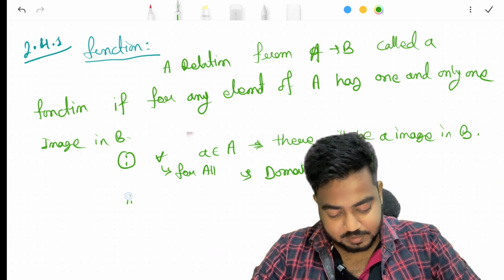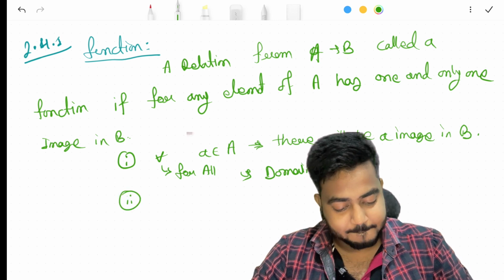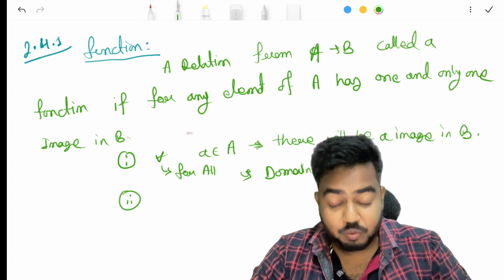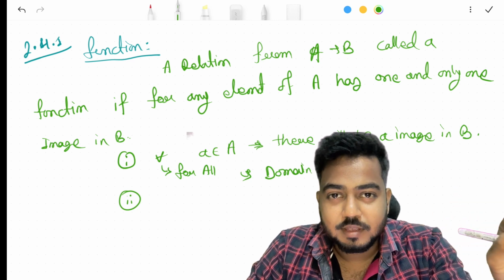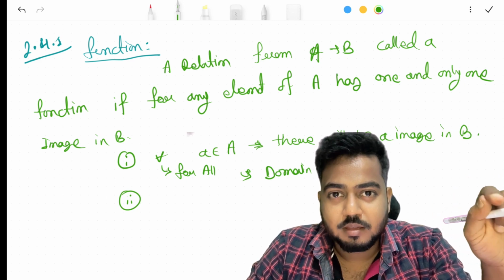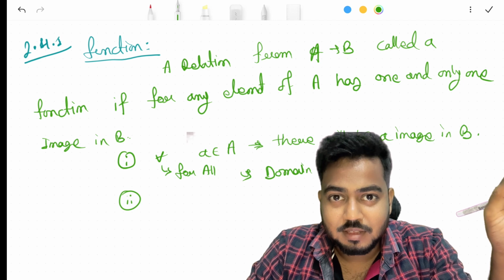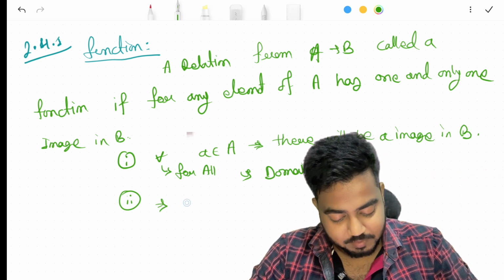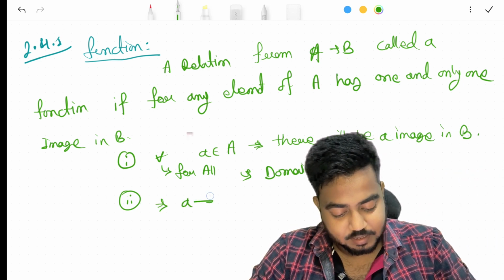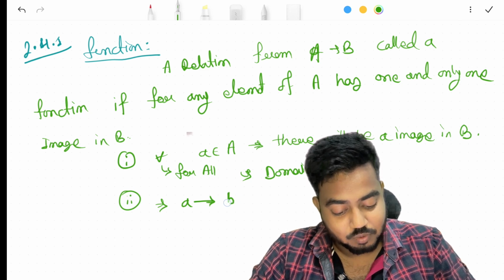Now the second condition says that for each element of A, it will have one and only one image. So that means that a can go to only one element.